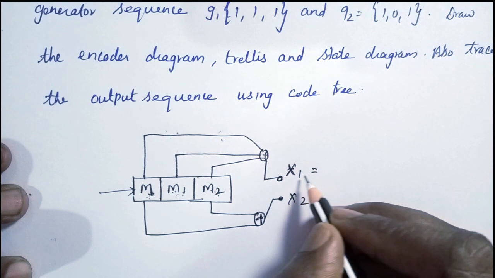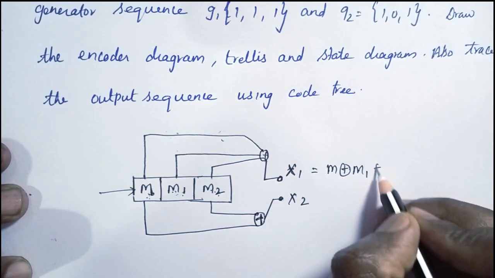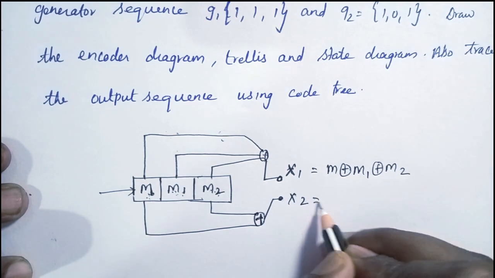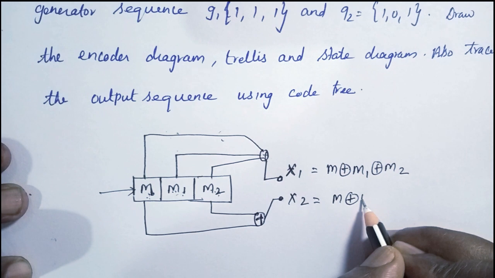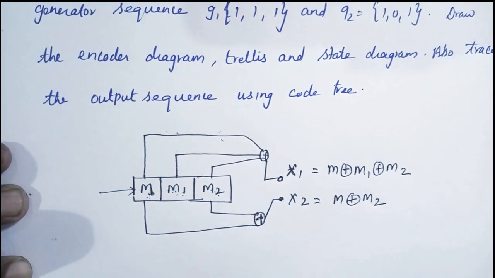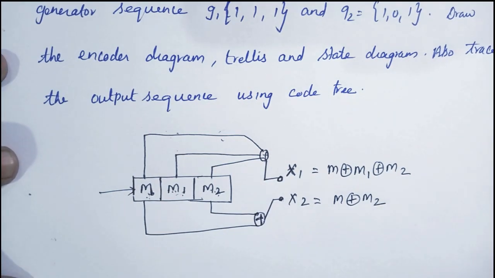So x1 is m XOR m1 XOR m2, whereas x2 is m XOR m2. These are the basics for the solution. So this is the encoder diagram.